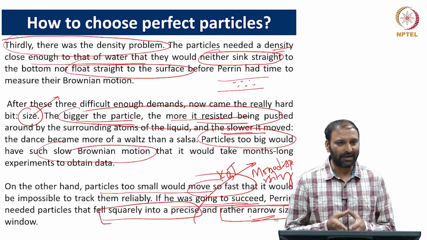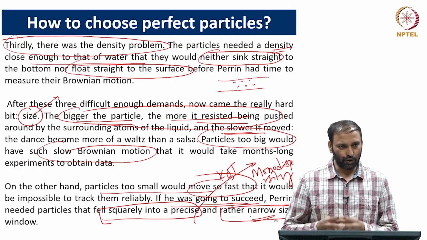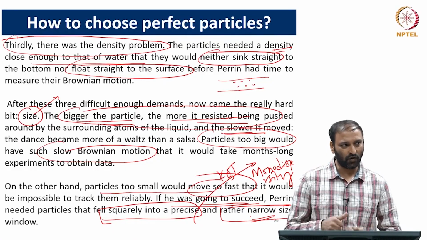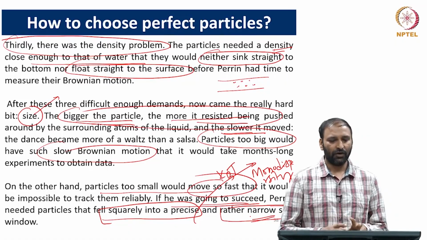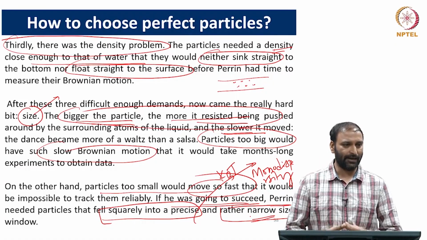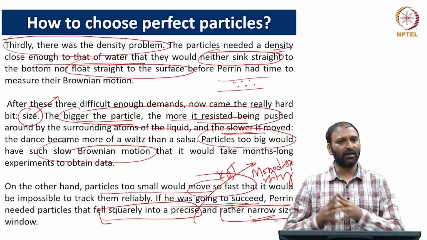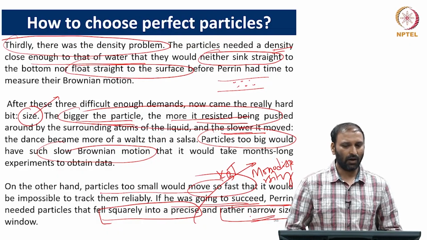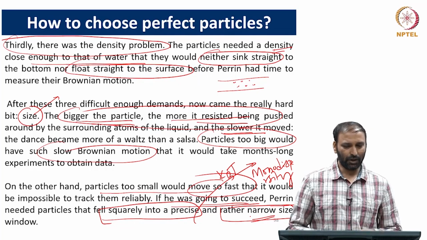Now, whatever requirements I have mentioned, right, this is for choosing appropriate particles for Brownian motion experiments, for example. Now, if I were to generalize this for any experiment, can I classify the few points that I have mentioned into different classes?